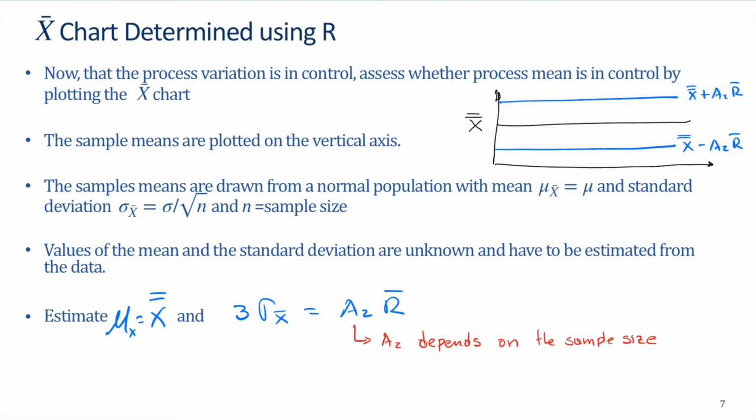Remember that the samples are drawn from a normal population with mean mu of X bar equal to mu, the mean of the population, and the standard deviation of the mean of the sample is sigma divided by the square root of n.